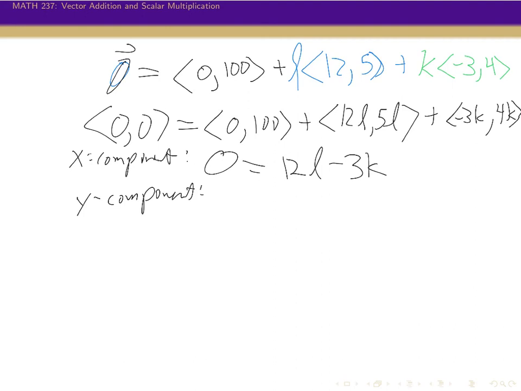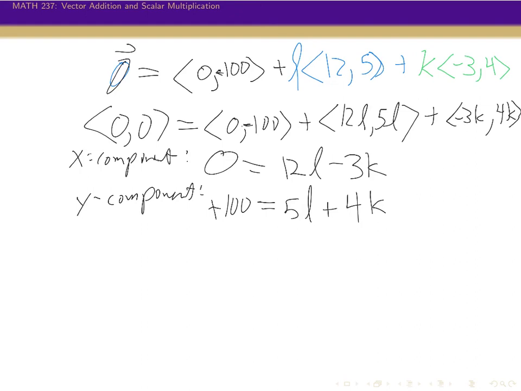Actually, this should be minus 100 the whole time because gravity is pulling straight down. So the y component is minus 100, and we move it to the other side, which turns into plus 100, equal to 5L plus 4K.